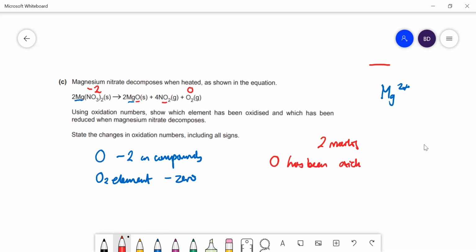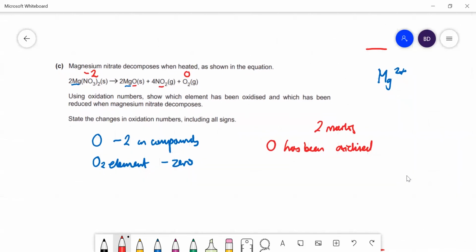So there's something else which is being reduced. It must be the nitrogen. We need to look at that now. Let's look at the oxidation number of nitrogen in magnesium nitrate. The easiest thing to do is to forget about the magnesium. We have a nitrate ion in there, an NO3 single minus. What's the oxidation number of nitrogen there? We're going to use: sum of the oxidation numbers is equal to the charge on the species.